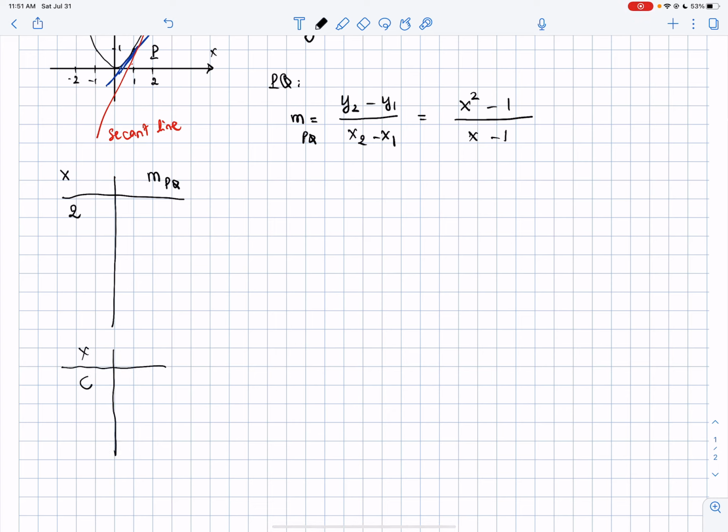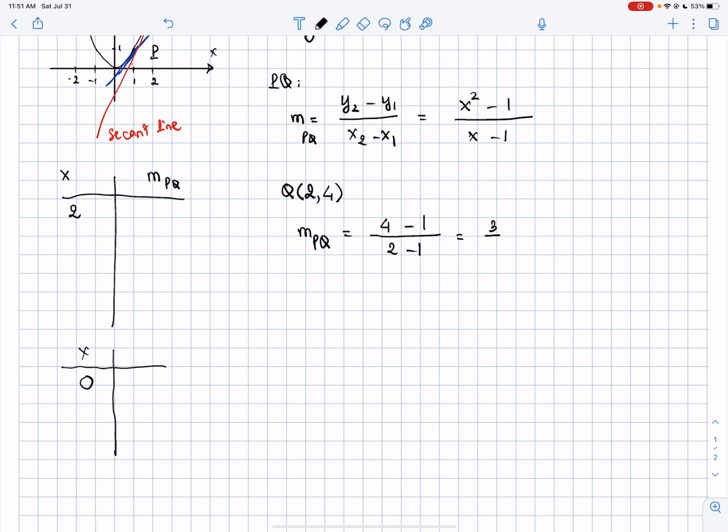Or 0, right? So what if the point Q is 2 on the x? The y part will be 4. Then the slope of the secant line PQ will be 4 minus 1 divided by 2 minus 1.